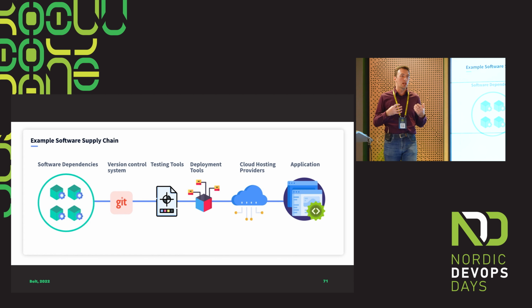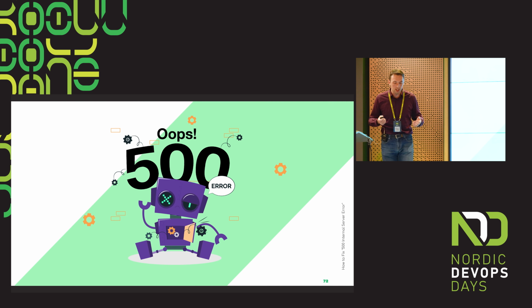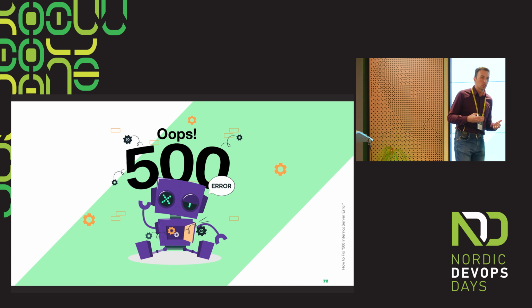So basically what I'm trying to say is that when you introduce a new party in your setup, a whole new set of threats arises, like supply chain attacks or malware. Or if we're speaking from the availability perspective, imagine you have a really important release.